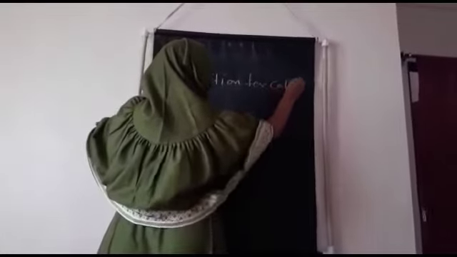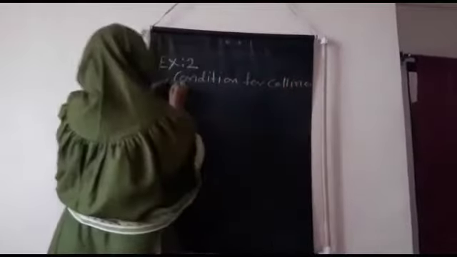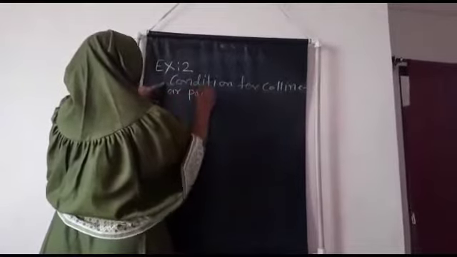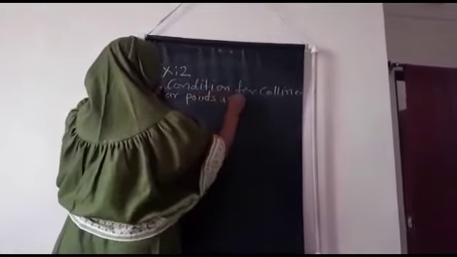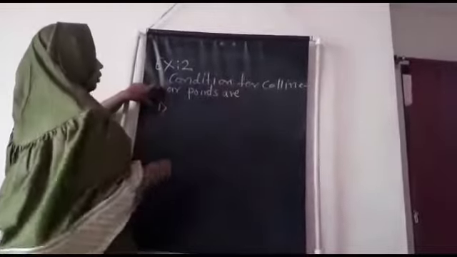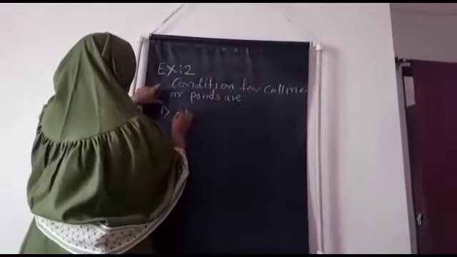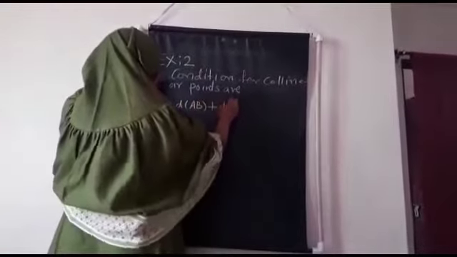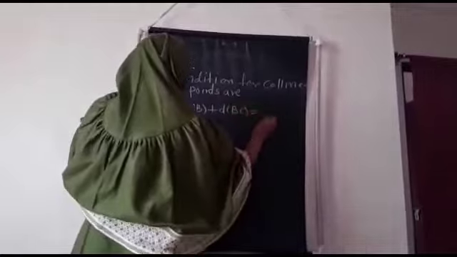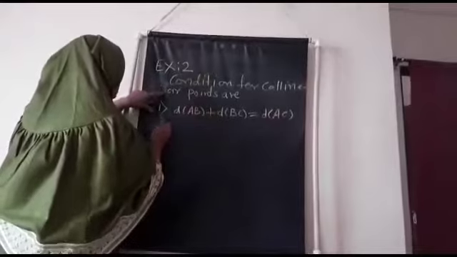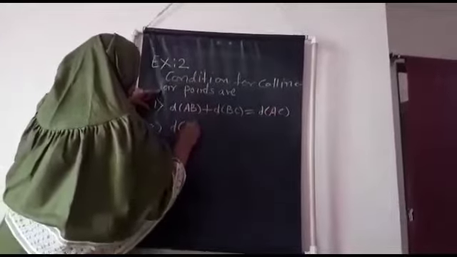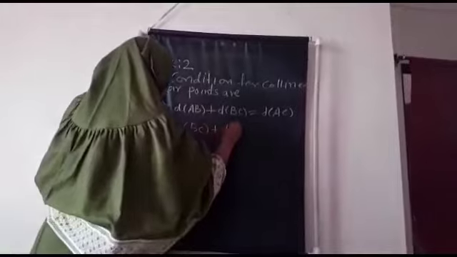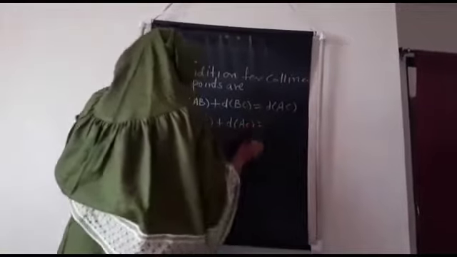The conditions for collinear points are: first, distance AB plus distance BC is equal to distance AC. Second condition, distance BC plus distance AC is equal to distance AB.